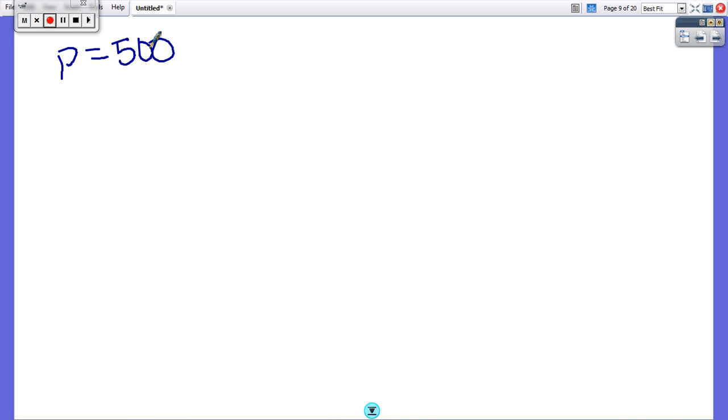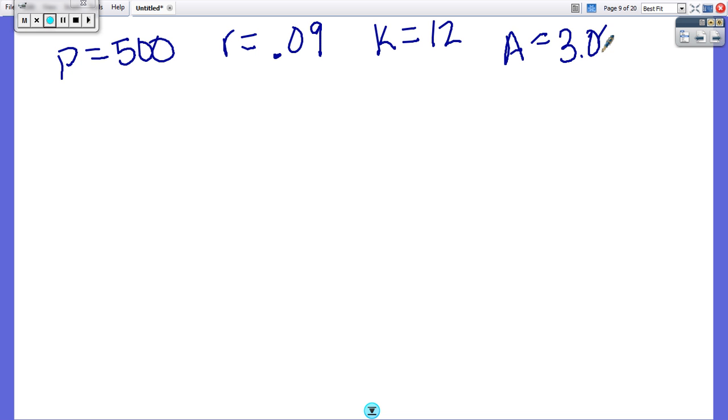I'm investing it at a 9% interest rate, so 0.09. It's compounded monthly, so that means our K value is 12, compounded 12 times per year. And I want to know how long will it take me to have an ending value, so our A value, of $3,000.